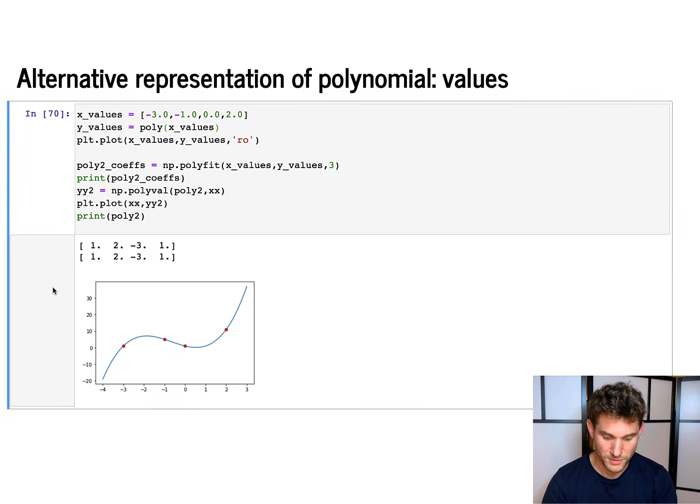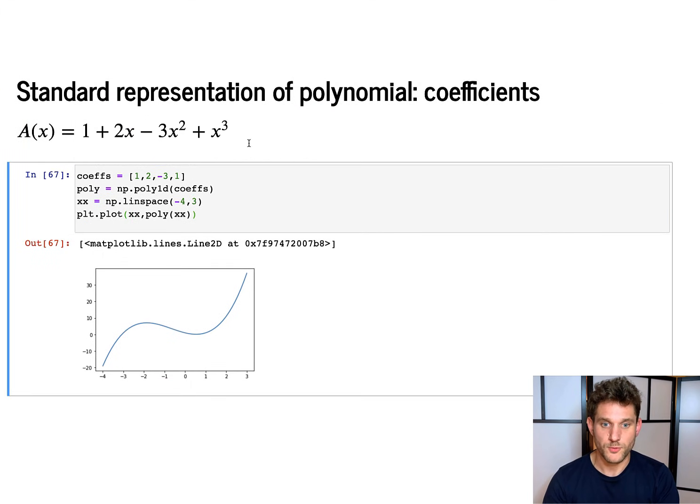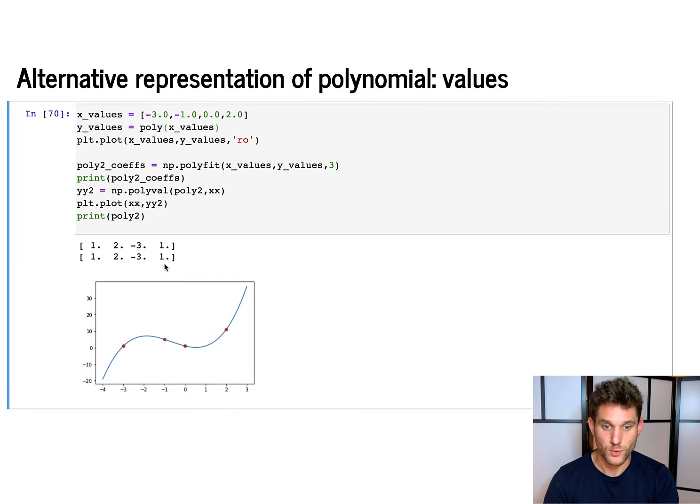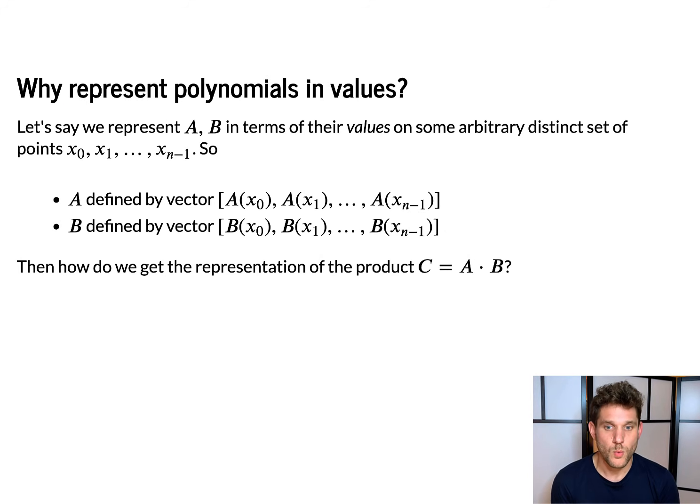There's 4 coefficients, or I can represent it in terms of these 4 values. And I guess I didn't print out the values, but I can do that. Y values, right? So here are these values that I'm using. Okay, good. Why represent polynomials in terms of their values?